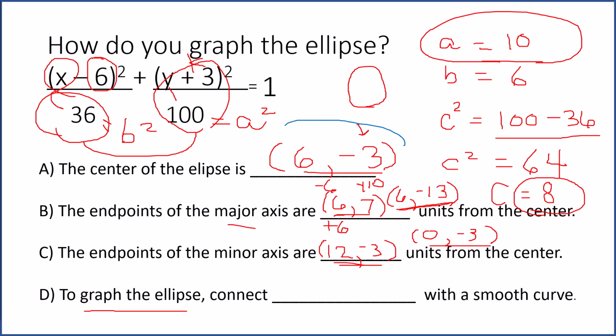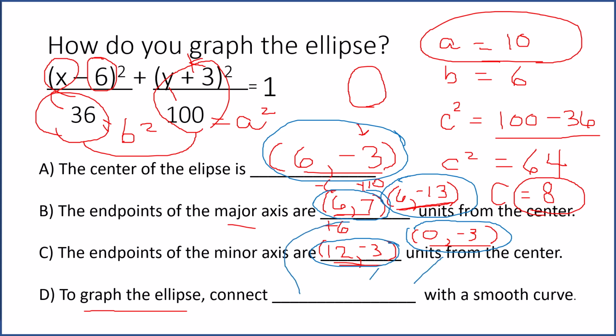So here's our center. We'll plot that point, and then these 2 points that we got by adding and subtracting 10 to the y coordinate, and these 2 by adding and subtracting 6 to the x coordinate. We'll plot those, and then we'll connect those dots with a smooth curve.